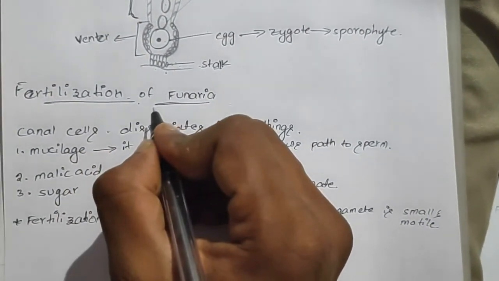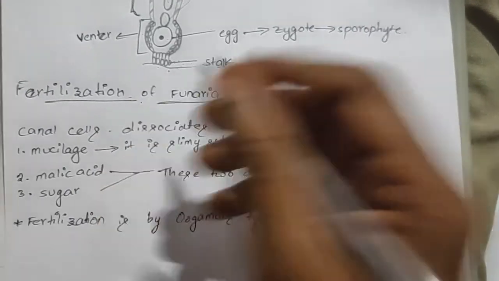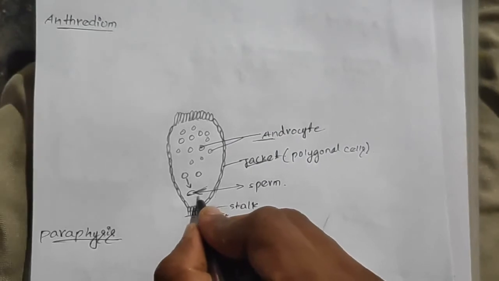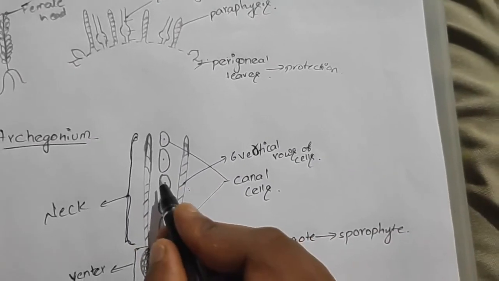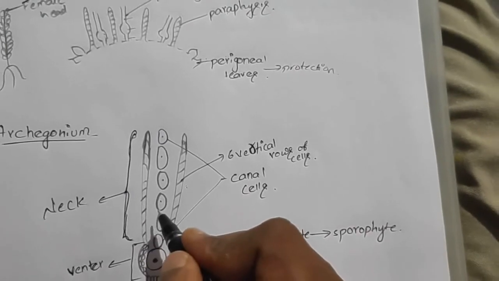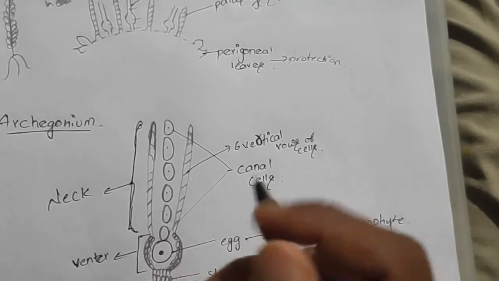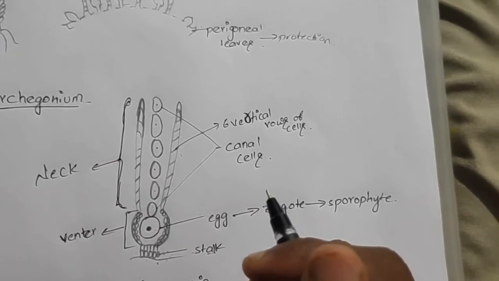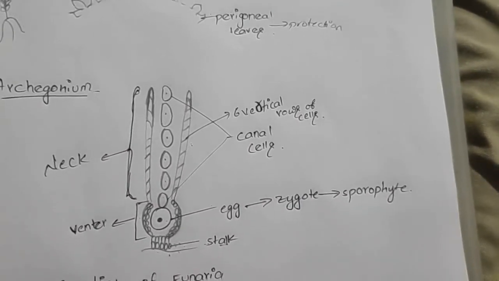Fertilization of Funaria. The sperm which is developed in the antheridium is biflagellate, and it swims up to the female sex organs. The swimming requires water, and the swimming is also chemotactic, which means the chemicals produced by the female sex organ attract the sperms.